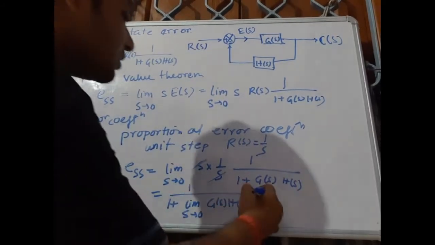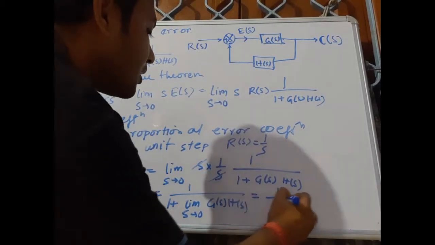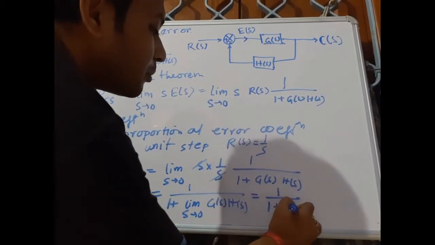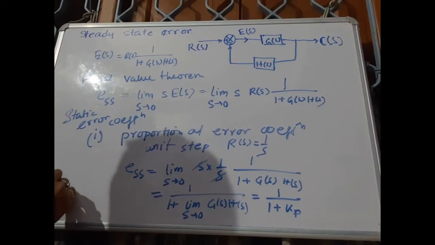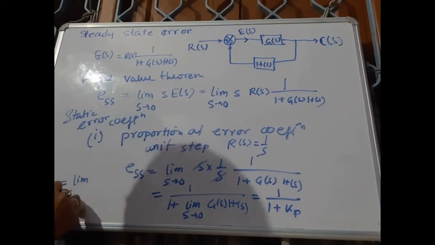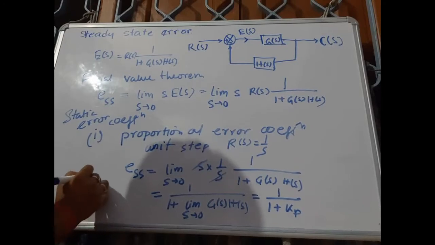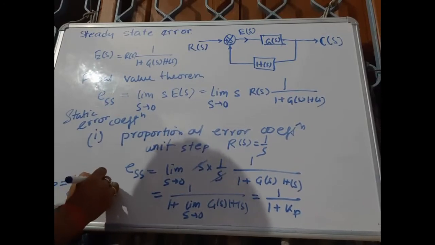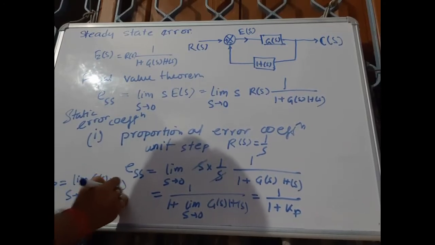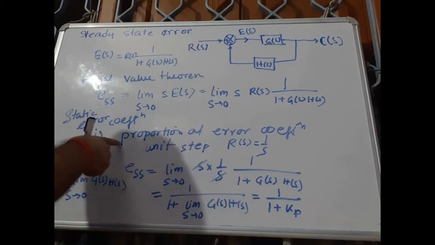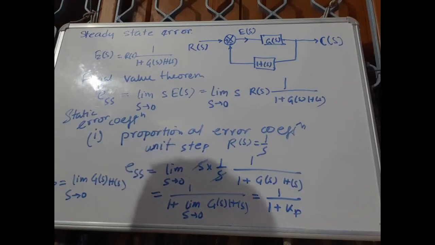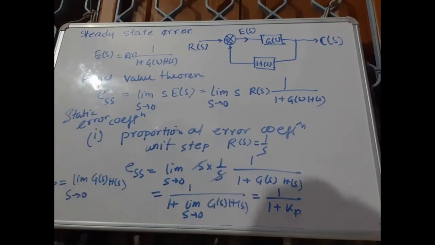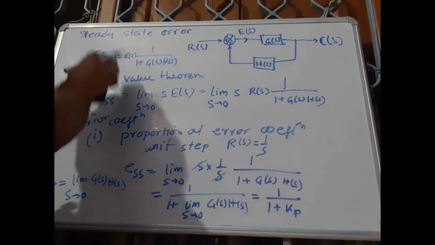Now this is equal to 1 by 1 plus Kp. Now Kp is equal to limit of s tends to 0 G(s)H(s), which is the static proportional error coefficient. Okay, now this is the proportional error.